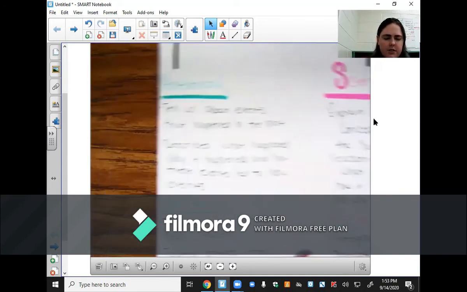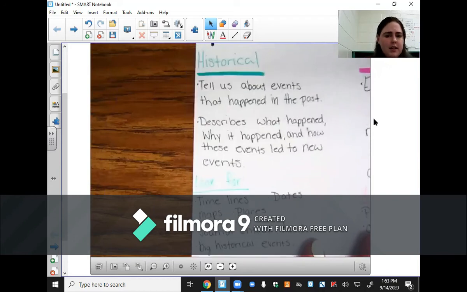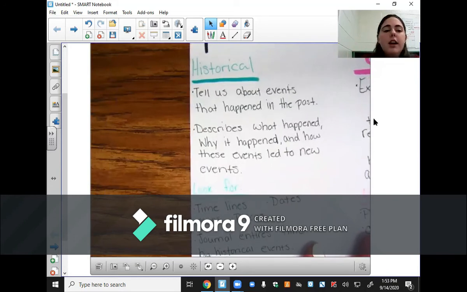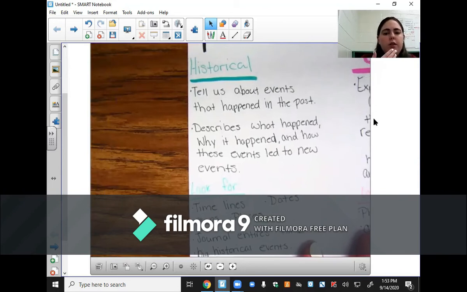All right, our first one is historical text. When you're looking at a historical text, it's going to tell us about events that happened in the past.